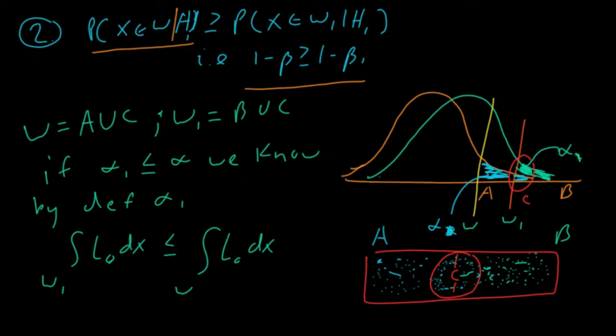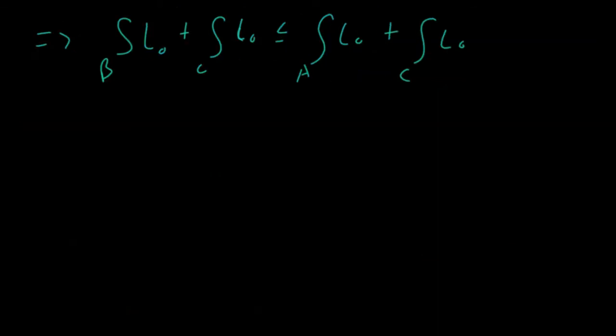We can then substitute B union C in place of W1, and A union C in place of W across these integrals, which implies that the integral across B of L naught plus the integral of L naught across C is less than or equal to the integral of L naught across A plus the integral of L naught across C. And what do we notice? That our integrals across C both vanish.